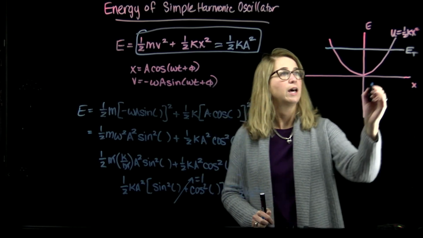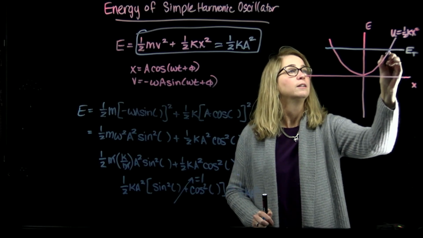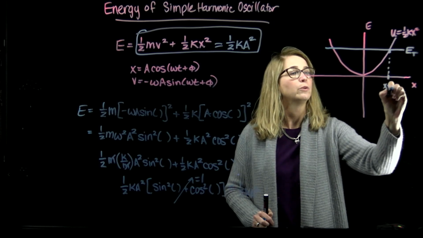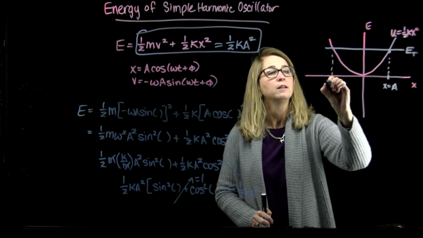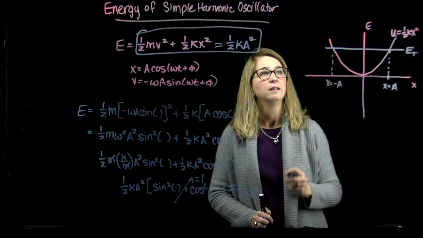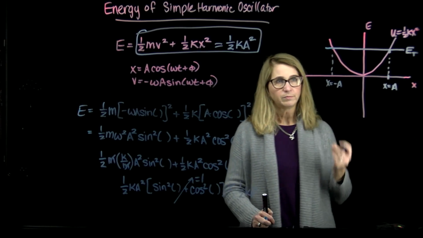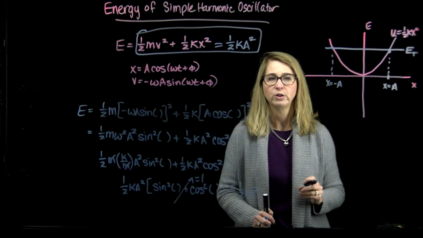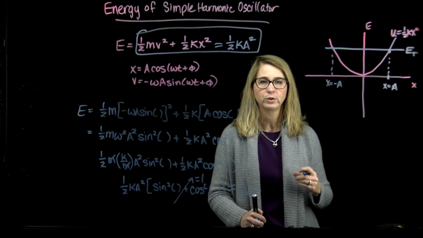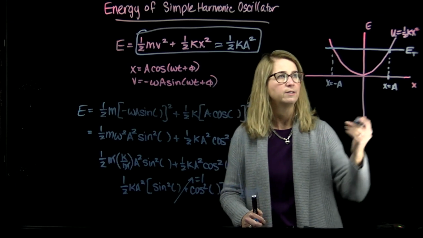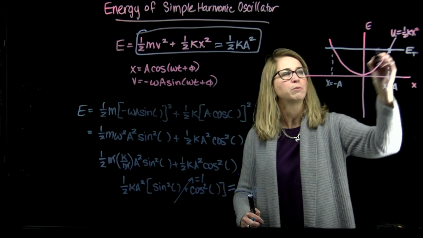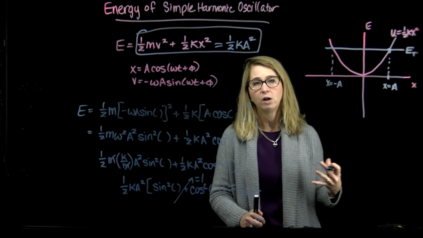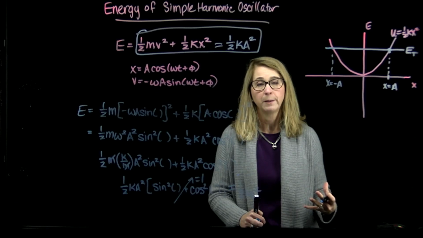What it means is that, okay, this point right here, which if we go down to here, would represent x equal a, and this would represent x equal minus a. And what that says is that location is where the potential energy intersected with the total energy. And so exactly at that location, this would represent the point where the oscillator was at its maximum amplitude and all of its energy was in potential energy.